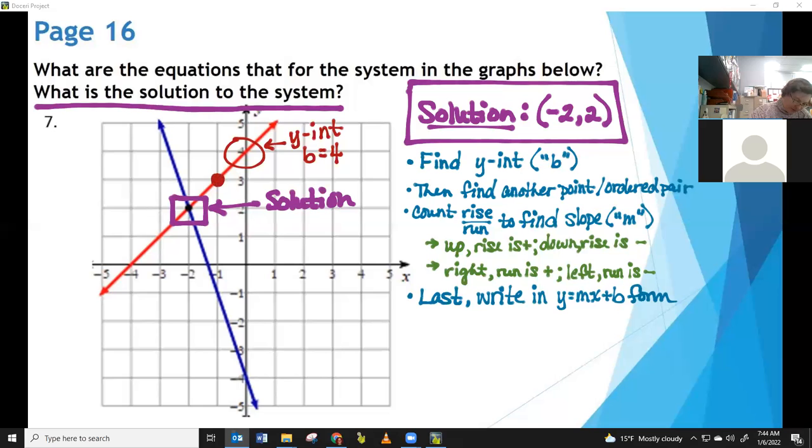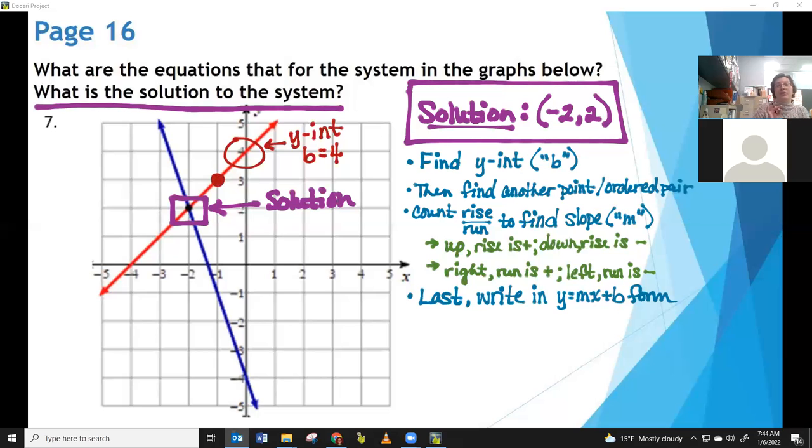So we're going to use this point right here, and I want to count between them. We could have used 0, -4. Absolutely. You can pick any of the points that are on that line and count between them. Do you want to start at the y-intercept, or do you want to start at -1, 3? You got to tell me where we're starting from so that we can count our rise over run. Start at the y-intercept. Sounds good.